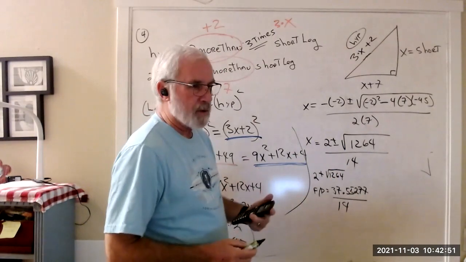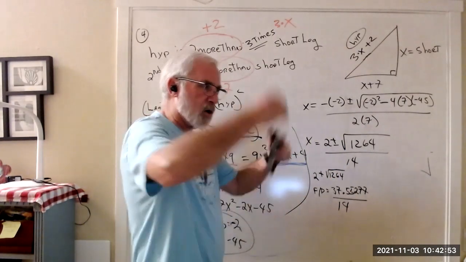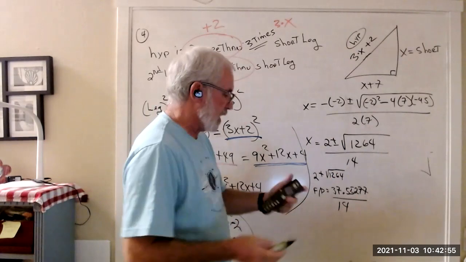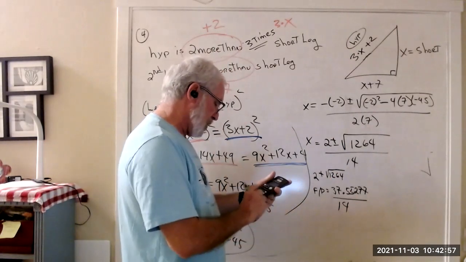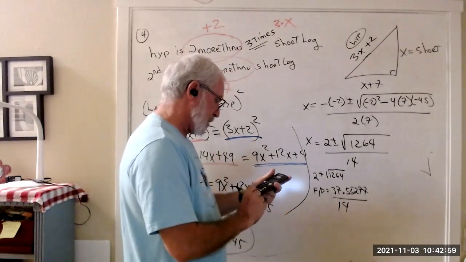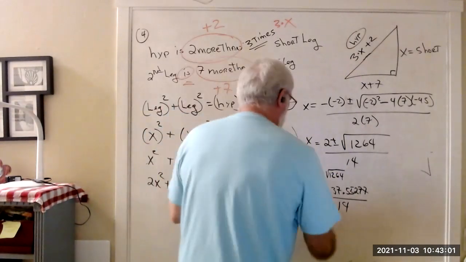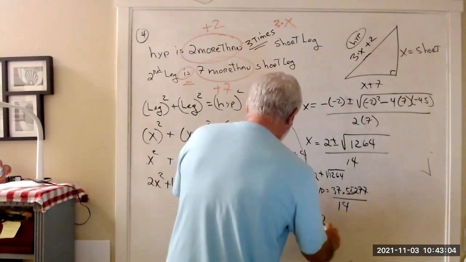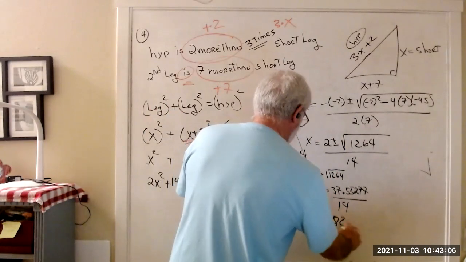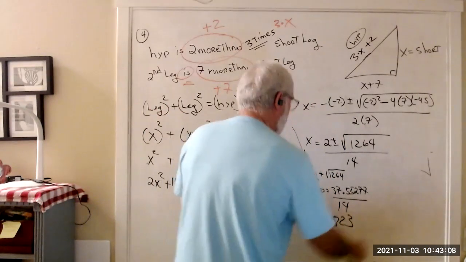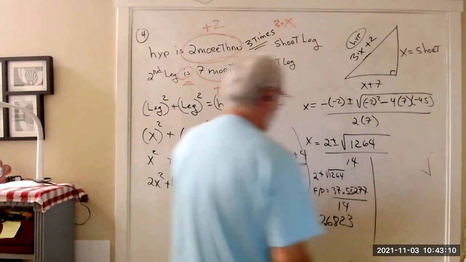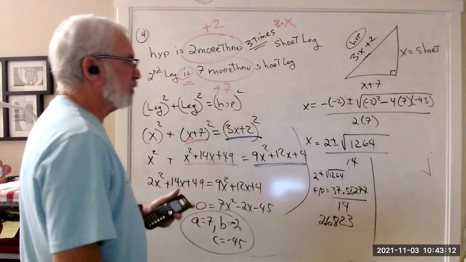I found more people make mistakes when they try to do it all in one big step rather than cut it up in little steps. That's up to you, but just make sure we all get the same answer. So anyway, I get 2.6823. That's one of my x values.